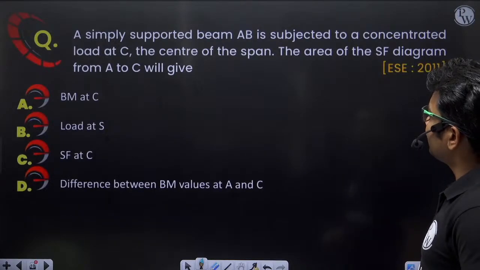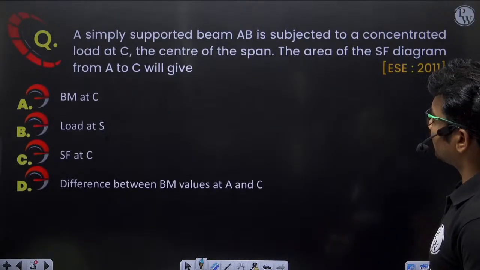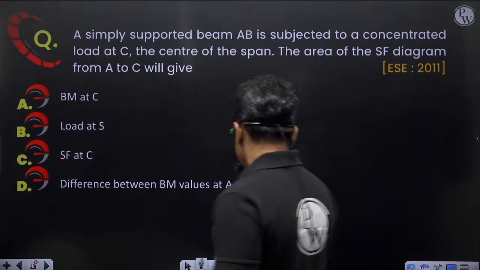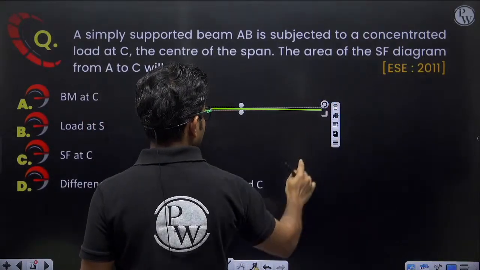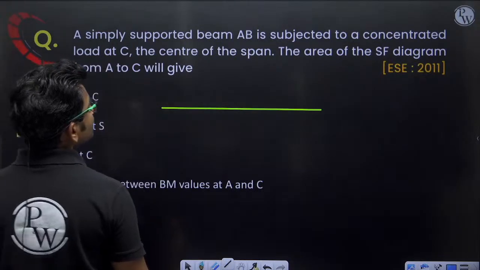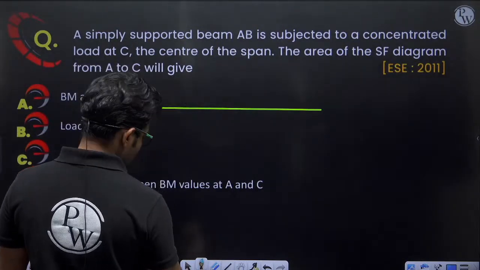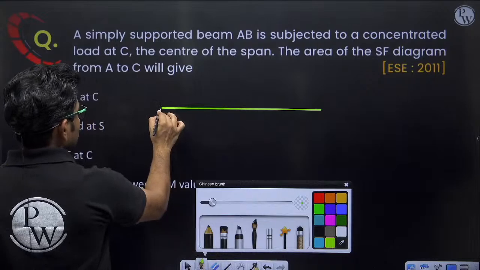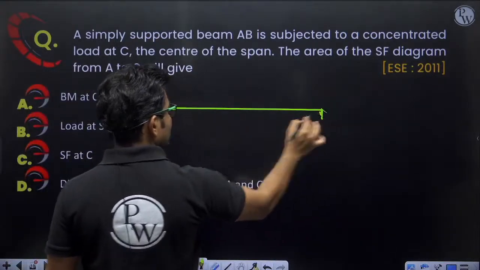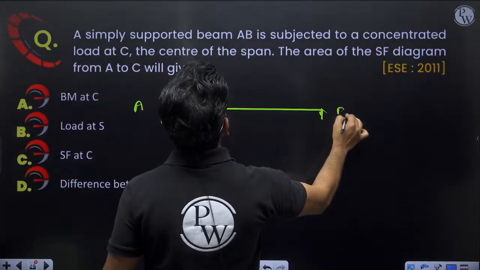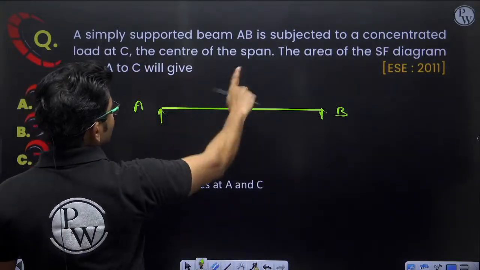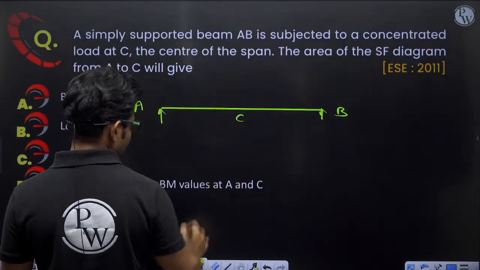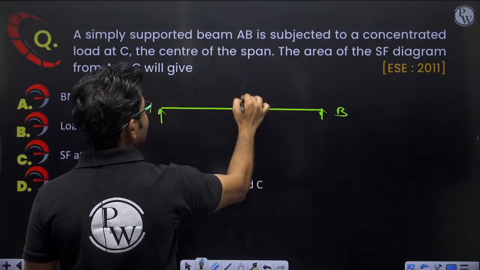A simply supported beam AB is subjected to a concentrated load at C. So we have a simply supported beam AB. C is the center of the span, and here we have a concentrated load.